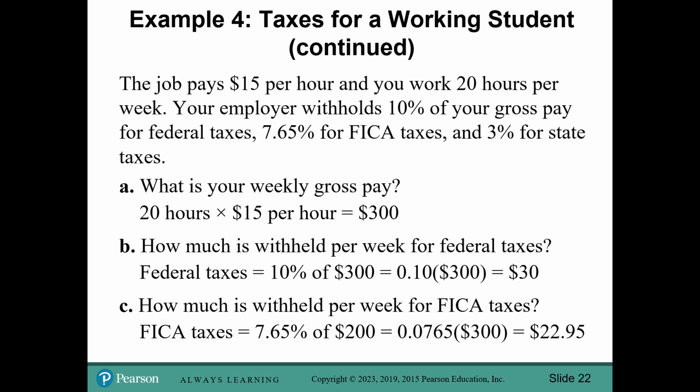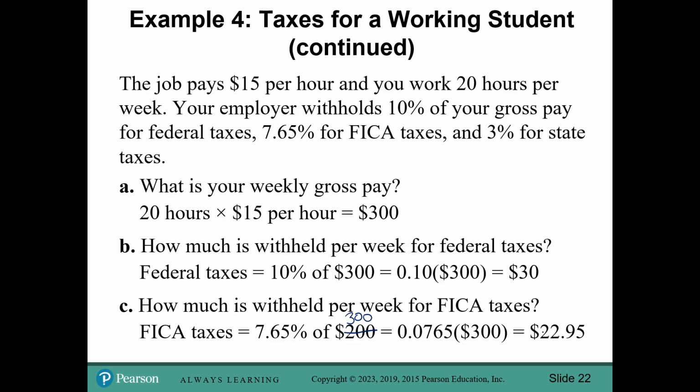So we're looking at 7.65% of, oops, got a little bit of a typo here, guys. It's supposed to be 7.65% of 300. Hopefully you caught that before I did, because we get paid $300, right? So 0.0765 times 300 gives us $22.95 that we are withholding for our FICA taxes.